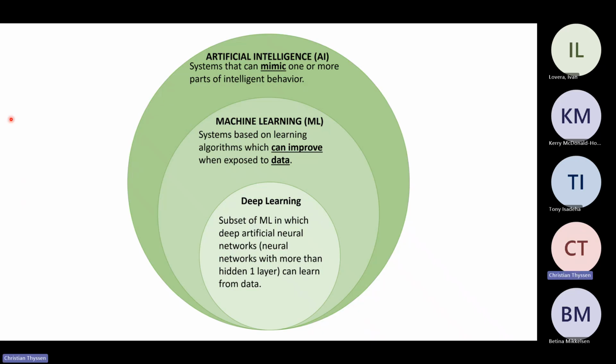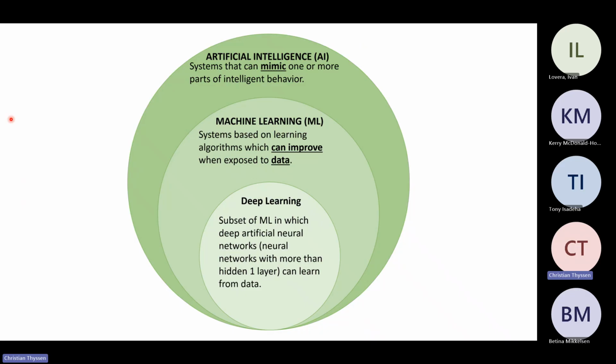First of all, we have all probably heard these buzzwords of AI, ML and DL, so artificial intelligence, machine learning, deep learning. But what do they actually mean? If we start at the very top, artificial intelligence is the field of study of systems that can mimic one or more parts of intelligent behavior.